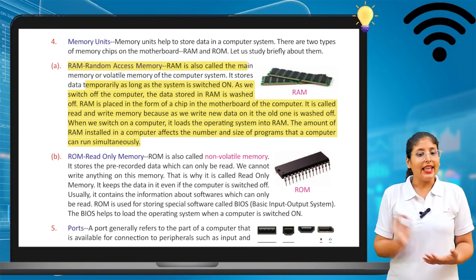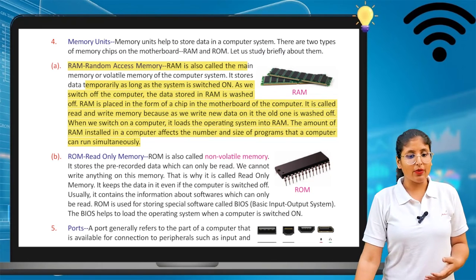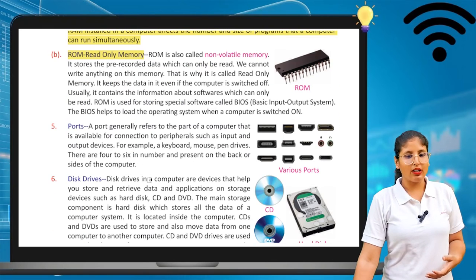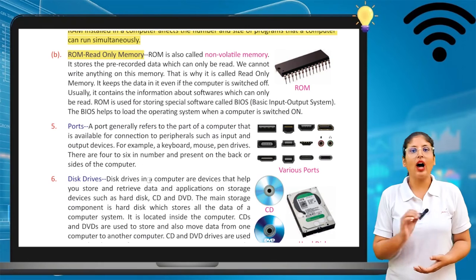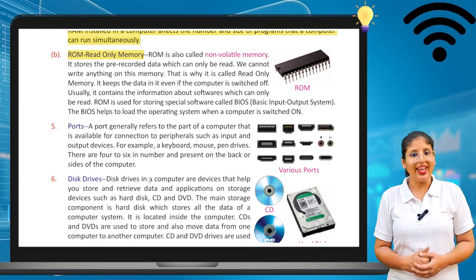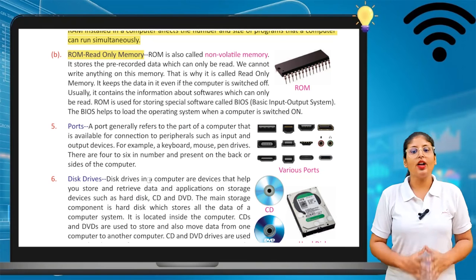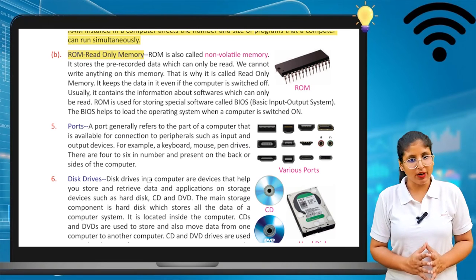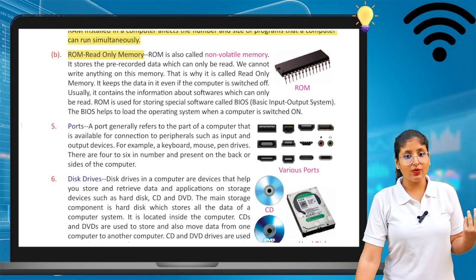Next is the second type of memory, that is ROM, read only memory. The full form of ROM is read only memory. ROM is called non-volatile memory, because RAM is known as volatile memory.